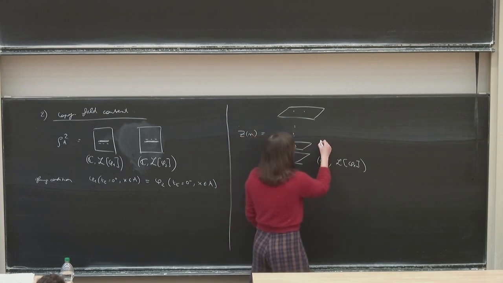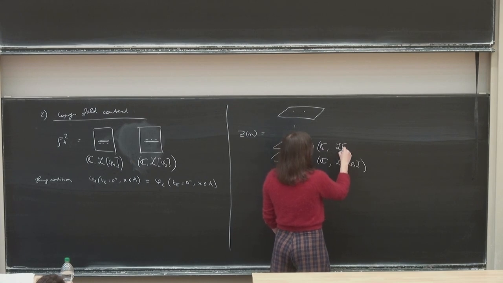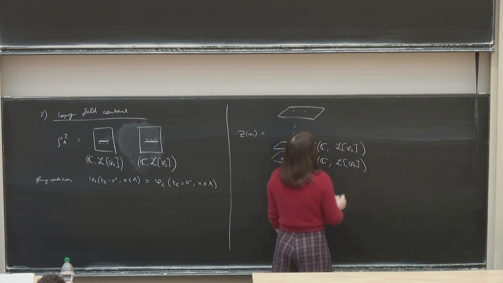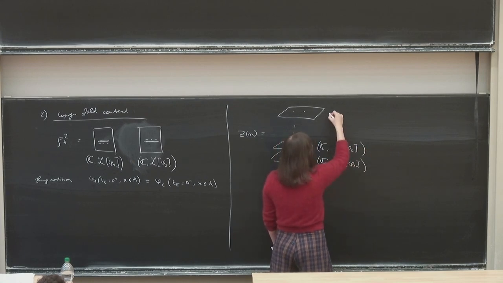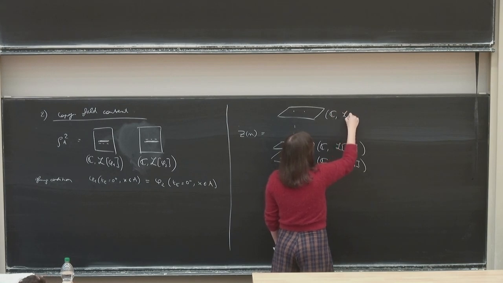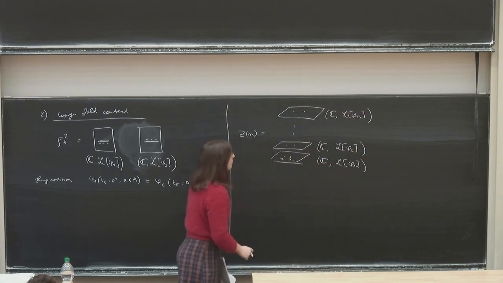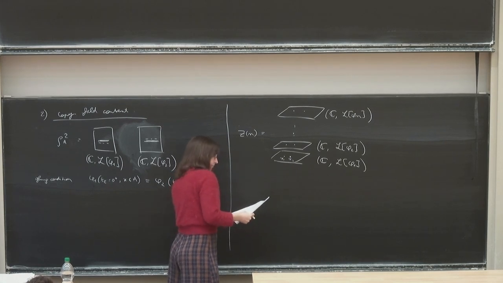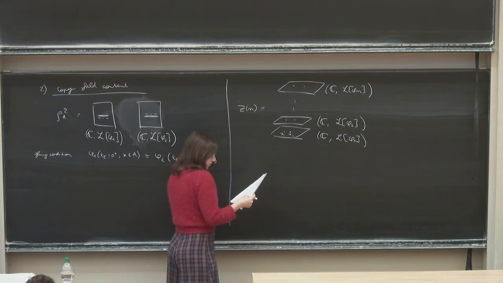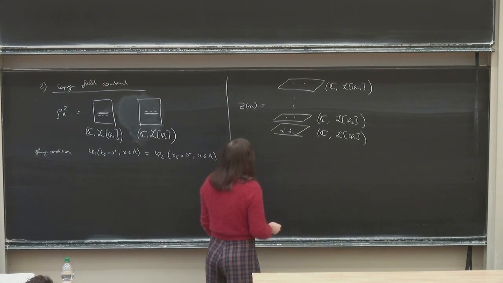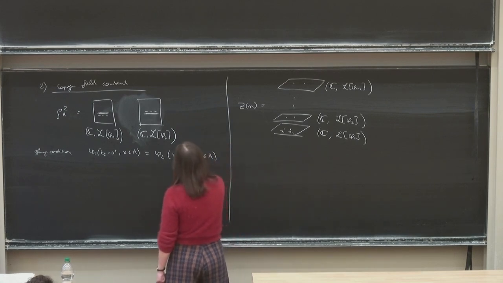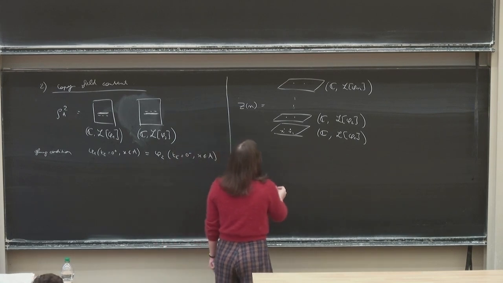So each of these is C and then a Lagrangian of a copy of the set of fields. So here we have Lagrangian of phi_n. With all those boundary conditions, so now I have n of these.